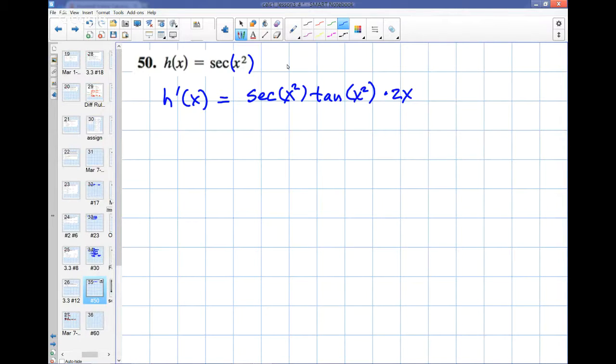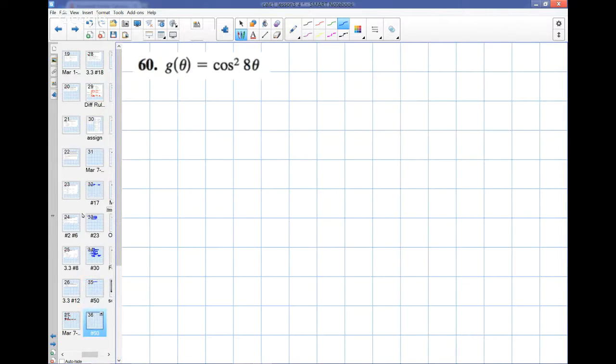So I got a couple more I'd like to do with trig. Let's take a look at number 60 next. So here's one of those, this is what I was talking about. Cosine squared of 8 theta.